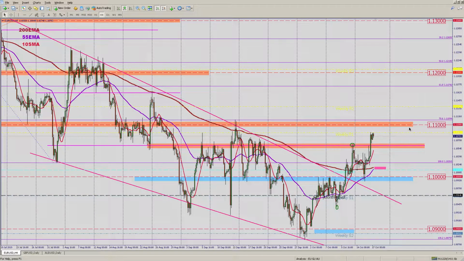So there is a zone that it needs to get through first before it can reach the 111.35 level.